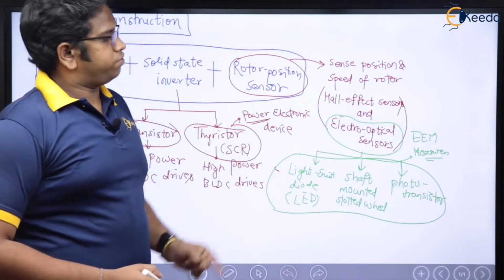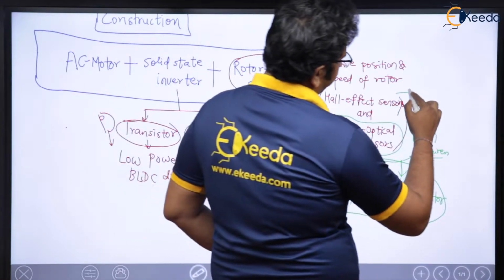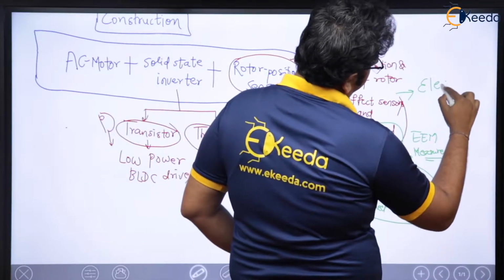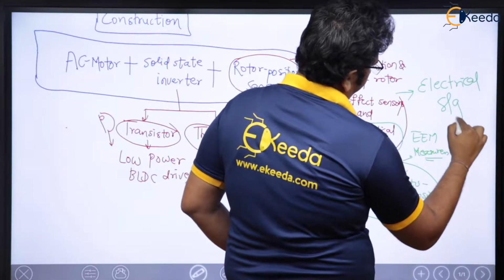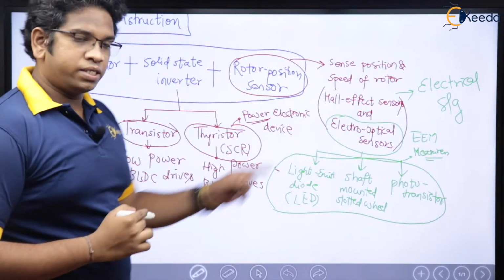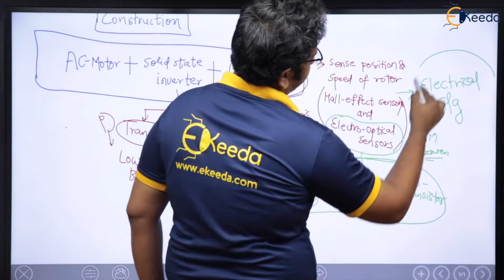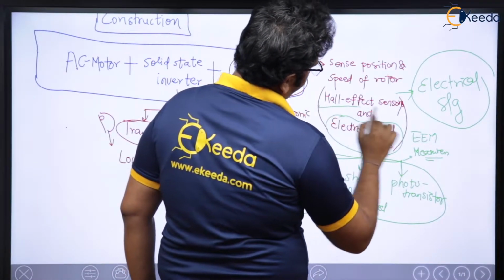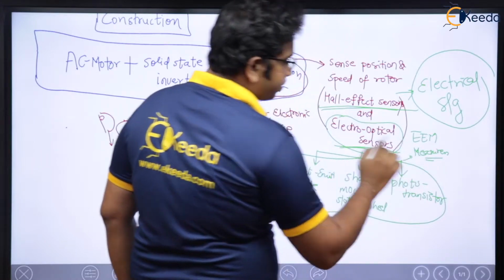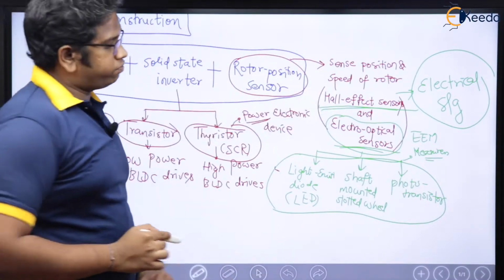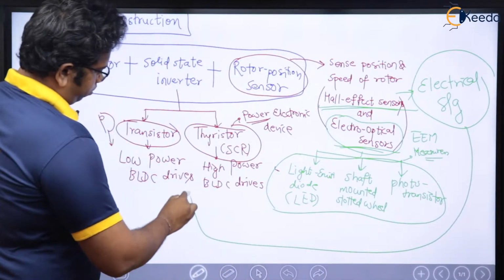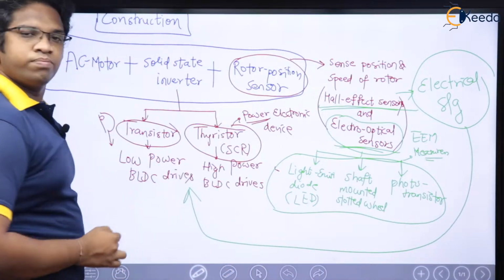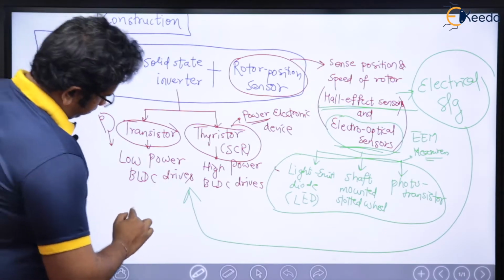So these sensors will be producing some electrical signals, and these electrical signals will be fed back. These electrical signals given by the Hall effect sensors and electro-optical sensors will be given to the switches of this solid state inverter.